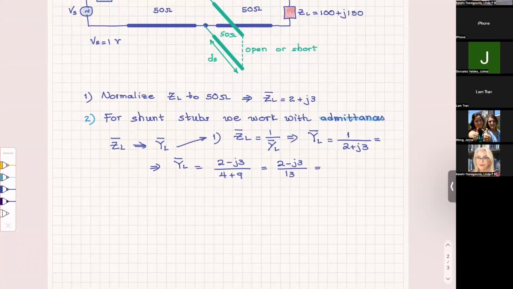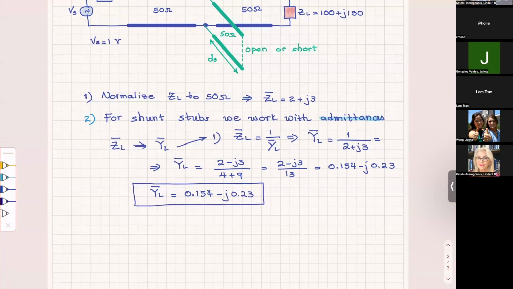And let's see how much that is. It is 2 divided by 13, 0.154, minus j3 divided by 13, which is 0.23. So Y_L is 0.154 minus j0.23 normalized.